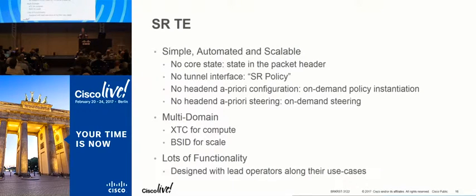Furthermore, not only do you not need to pre-configure all of these engineered paths from A to B in a mesh, etc., but you also don't have to configure the steering, which is a big gain, because remember how it was in the past. You had to maintain a full mesh of PE to PE of all of these tunnels, plus a full mesh of steering into them.